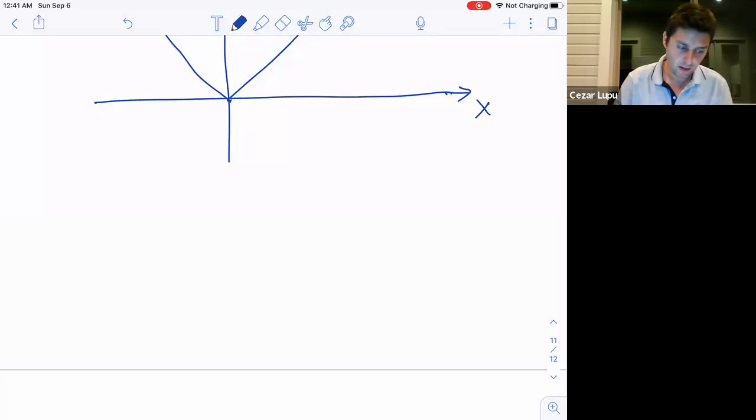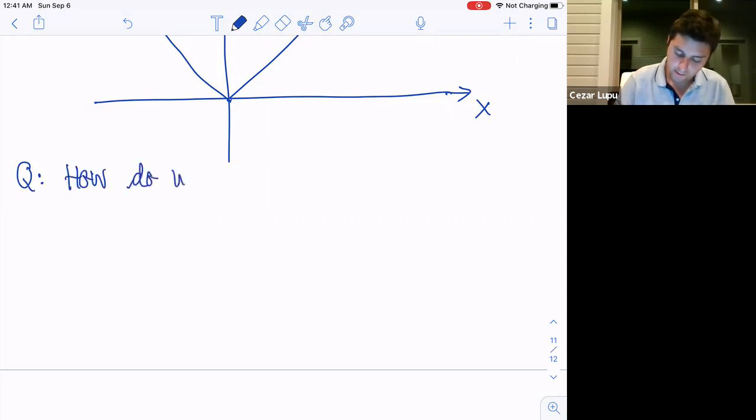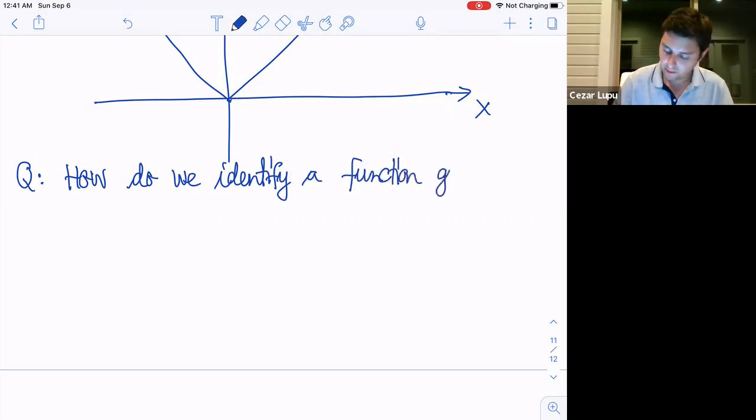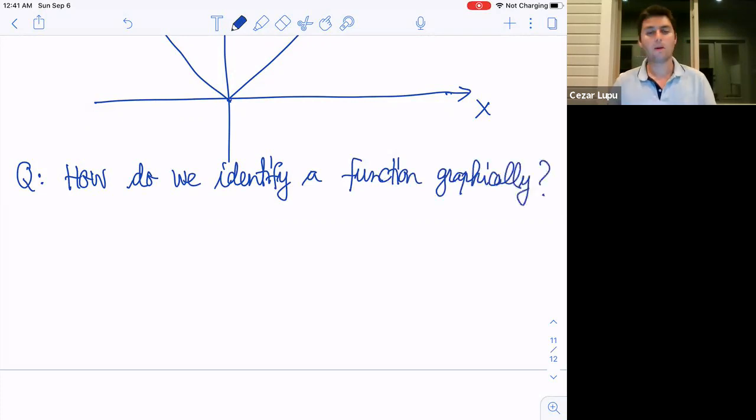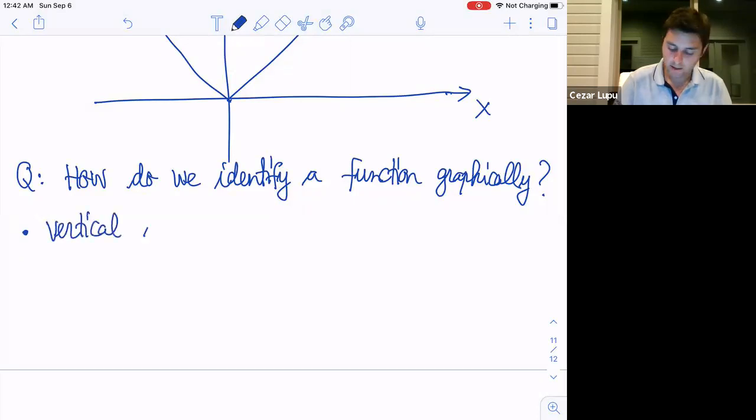Well, there are many ways, but the question is, how do we identify a function graphically? That is a question we want to answer. Well, the first thing is the vertical line test.